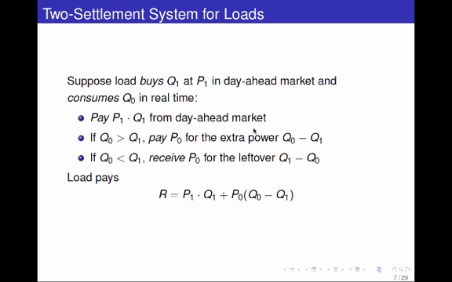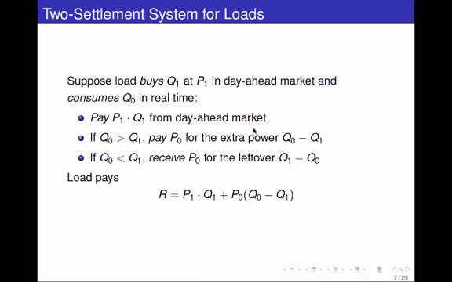real-time price. So basically, by entering a forward contract, that does not in any way influence your incentives for real time. In real time, the price you face is the real-time price. So what the forward market does for you is it protects you from real-time price risk without distorting your incentives. You still see the real-time price for your production quantity.